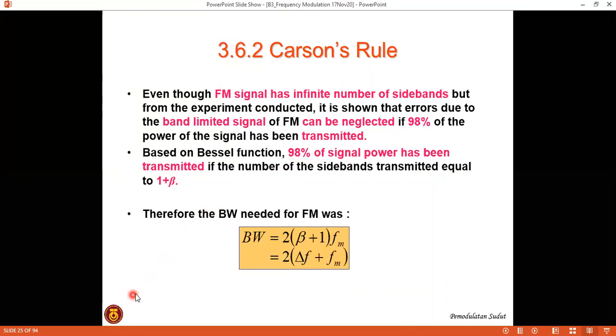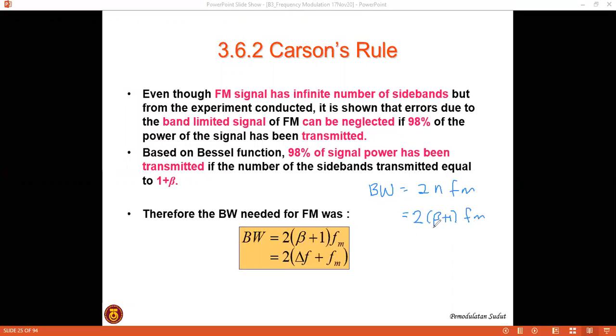Okay, so previously we know that our bandwidth is equal to 2n fm, and from this experiment, beta plus 1 is where 98% of the power has been transmitted. So for Carson's, just replace this n with beta plus 1 fm. Okay, that's why we have here beta plus 1.